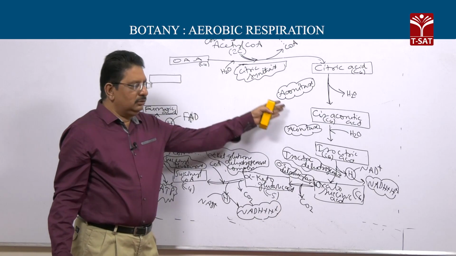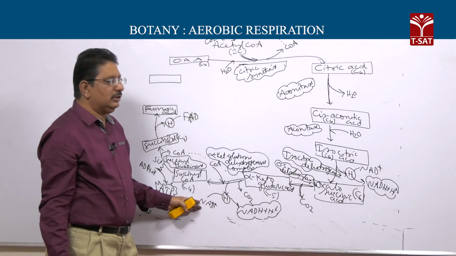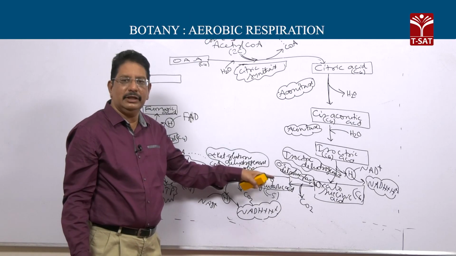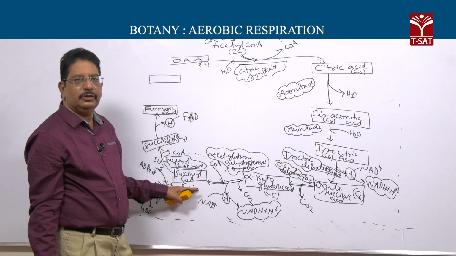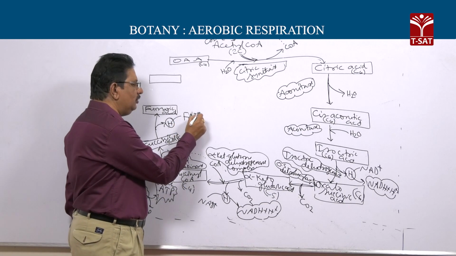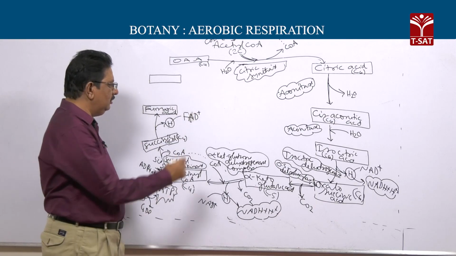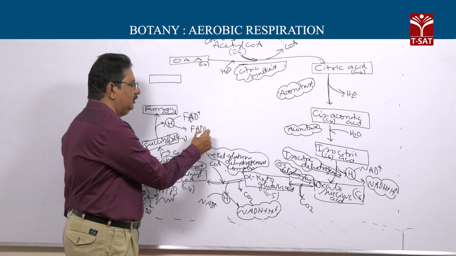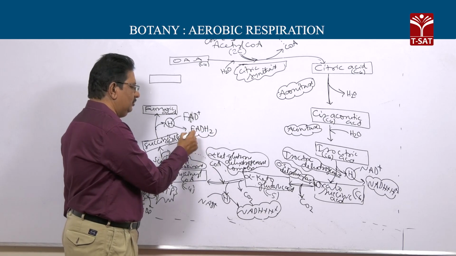So far in these dehydrogenase reactions, NAD has acted as the hydrogen acceptor; for the first time flavin adenine dinucleotide acts as the hydrogen acceptor and is reduced into FADH2.